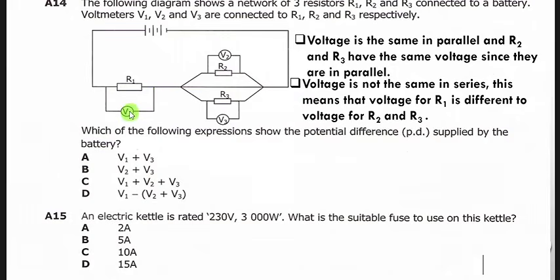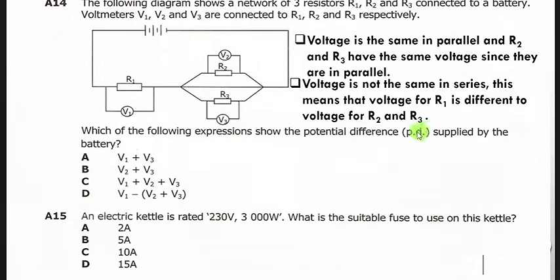What will be read on voltmeter 1 and what is read on V2 and V3 will be different because voltage is not the same in series. This means that voltage for R1 is different to voltage for R2 and R3. So they will have different voltages.